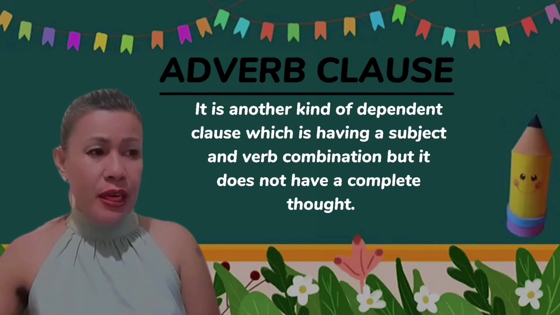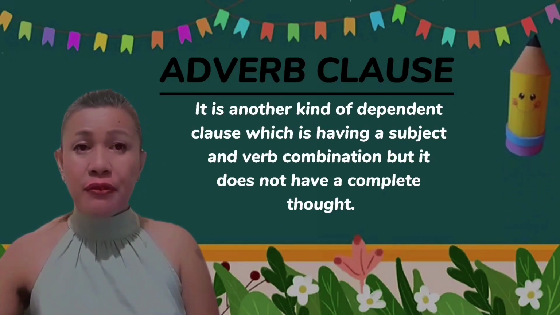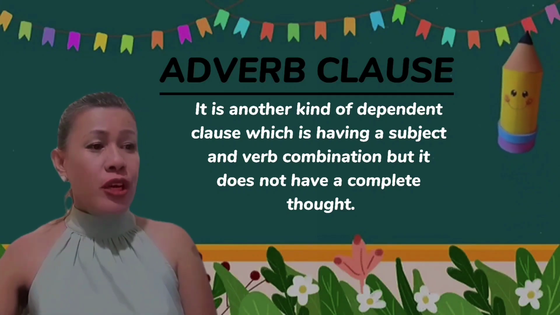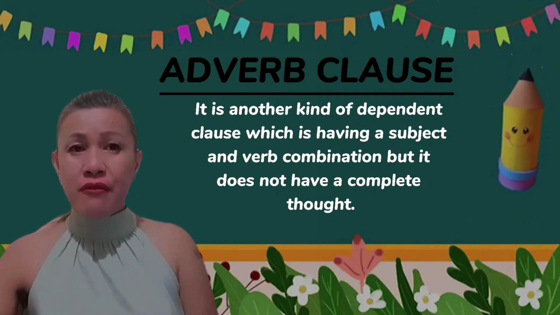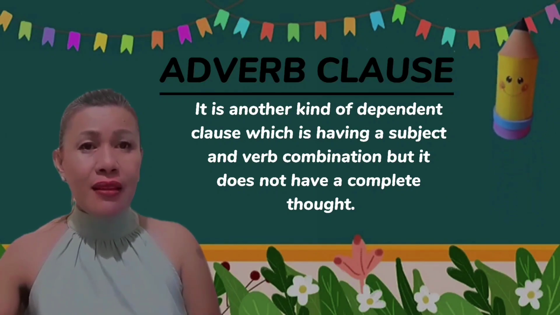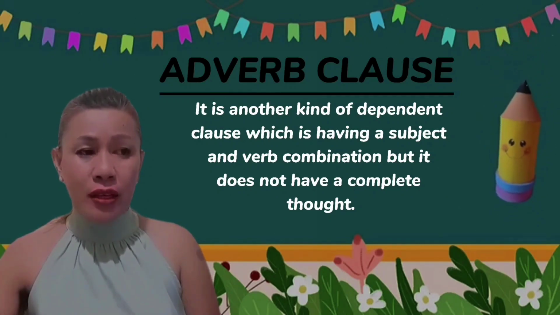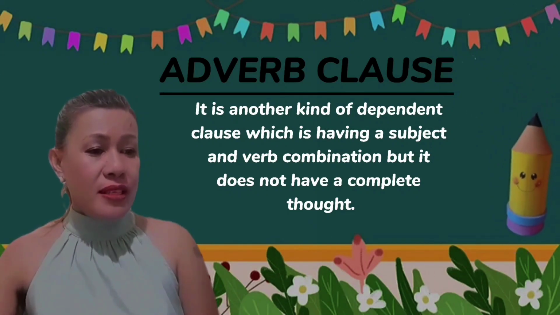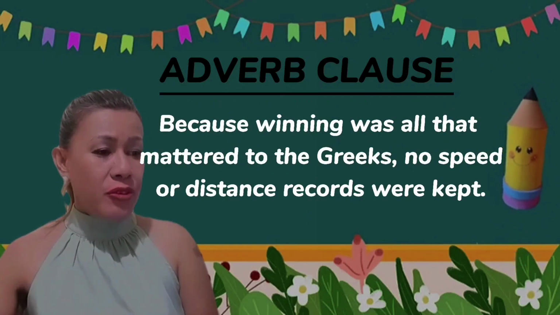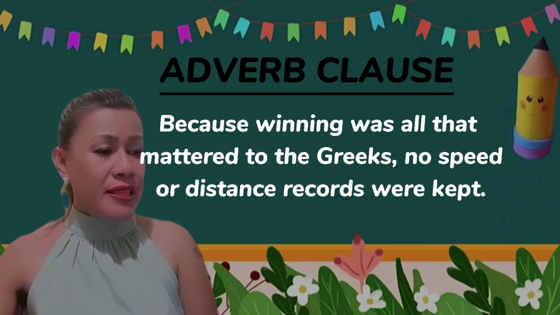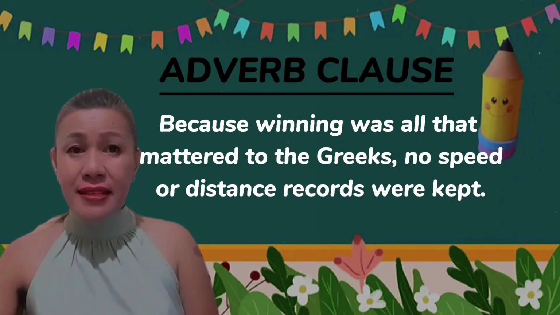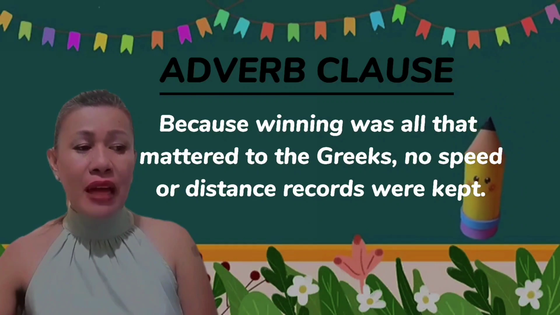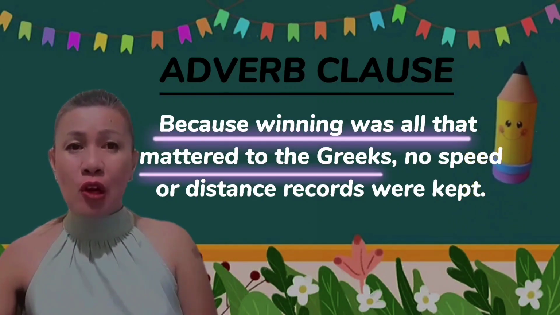Alright, so adverb. Another way to begin your sentence is by using an adverb clause. What is an adverb clause? An adverb clause is another kind of dependent clause, which has a subject and verb combination, but it does not have a complete thought. It needs the main clause to complete its meaning. So, for instance, because winning was all that mattered to the Greeks, no speed or distance records were kept. In this example, "because winning was all that mattered to the Greeks" is our adverb clause.